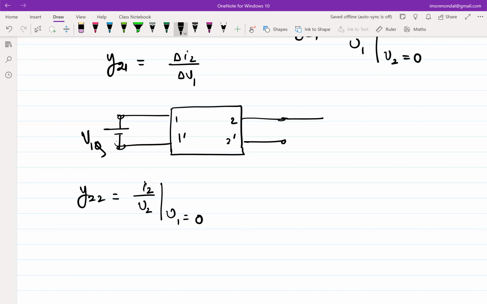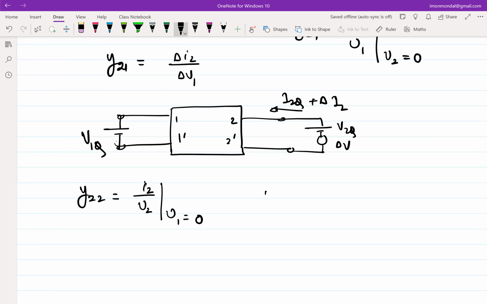Right, so I first apply V2Q, find out what I2Q will be. This is one reading, then you apply delta V, and then you find out what this incremental current will be.